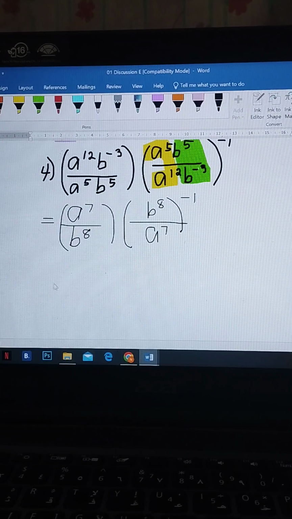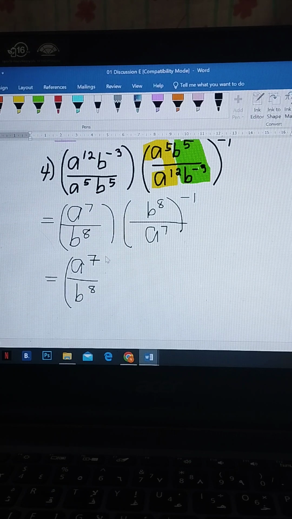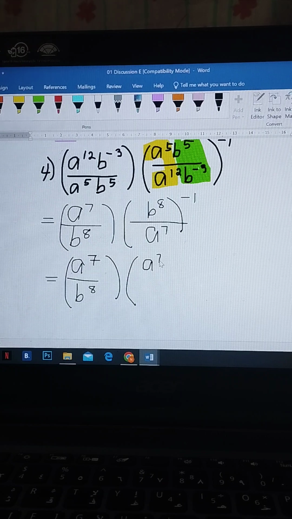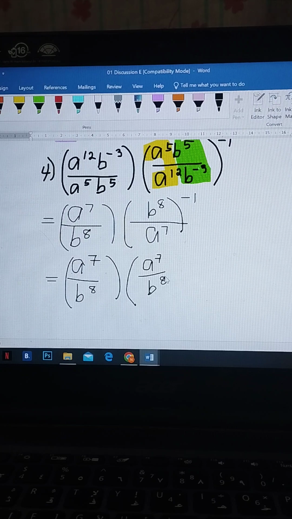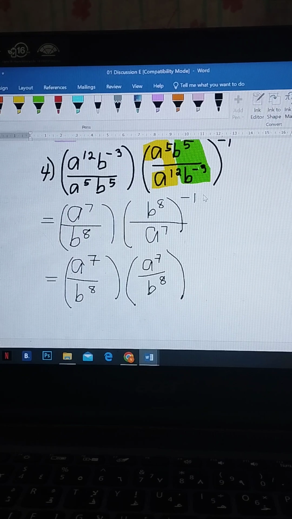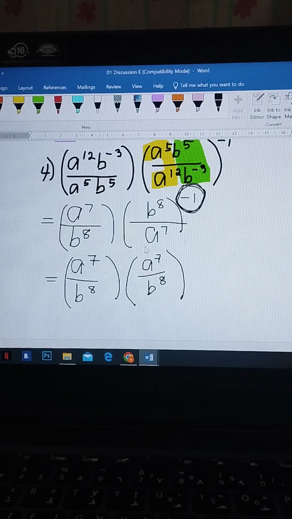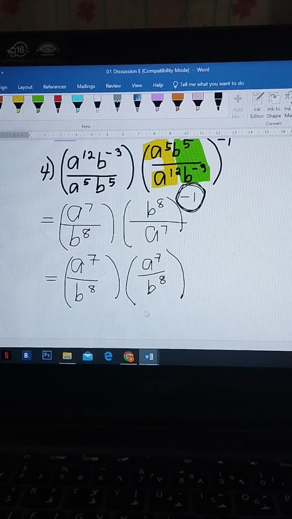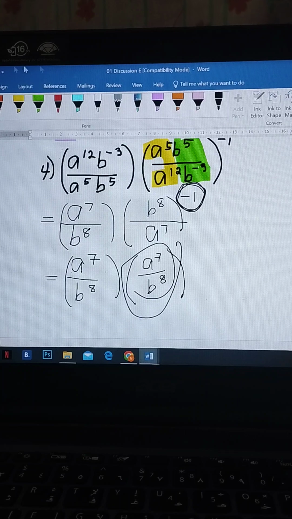Next, that is now equal to a raised to 7 over b raised to 8 times a raised to 7 all over b raised to 8. So since the exponent is negative 1, we get the reciprocal of b raised to 8 over a raised to 7, resulting to a raised to 7 over b raised to 8.